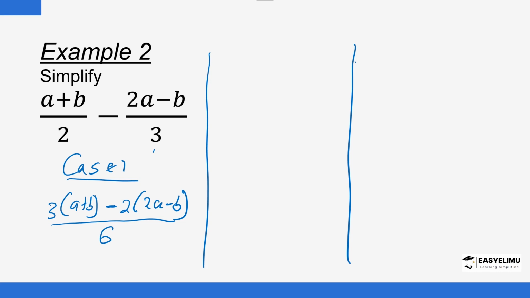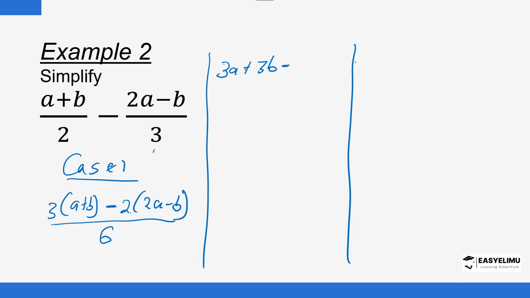So this is what we did in the previous video. You multiply this, the number outside here multiplies both numbers inside. So 3 will multiply a and also multiply b. So that is going to be 3a plus 3b.